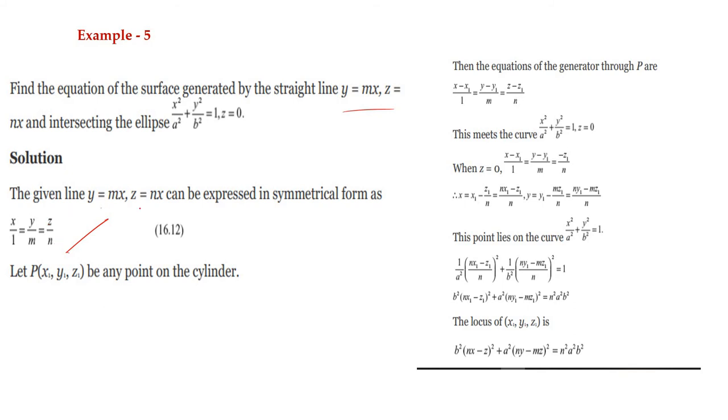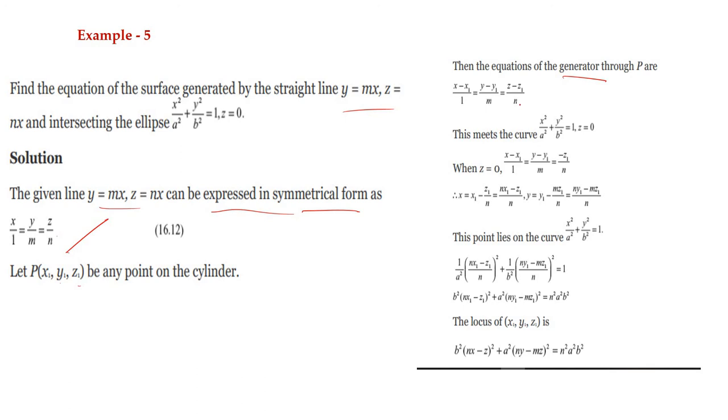The given line can be expressed in symmetrical form as this. Now, as before, we shall consider x1, y1, z1 to be any point on the cylinder. Then, having 1, m, n as the DRs, we have the equation of the generator given by this, and this meets the curve at z equals 0.